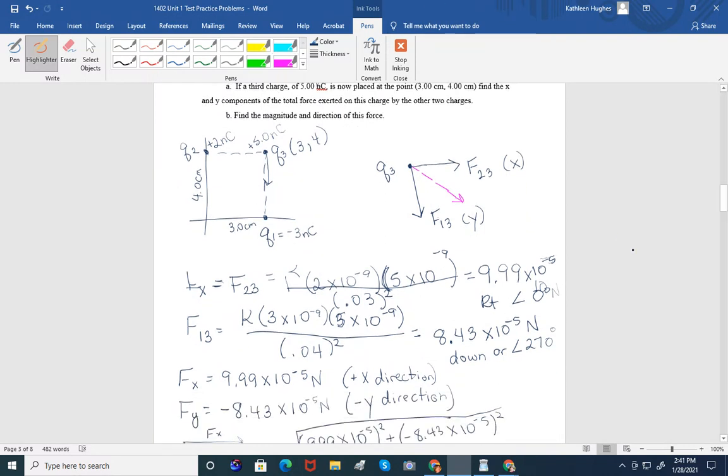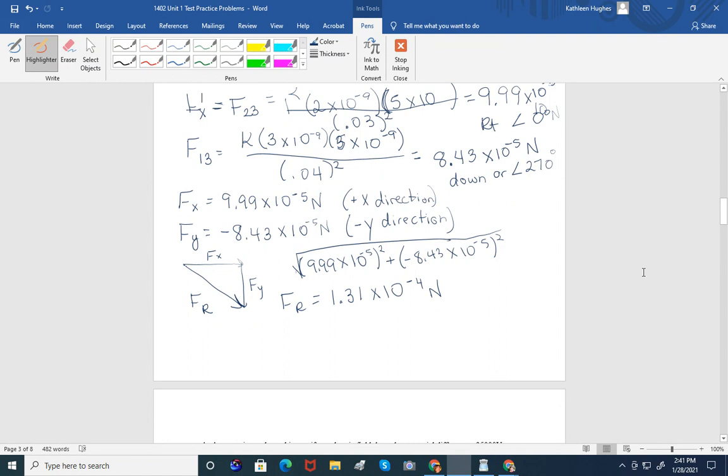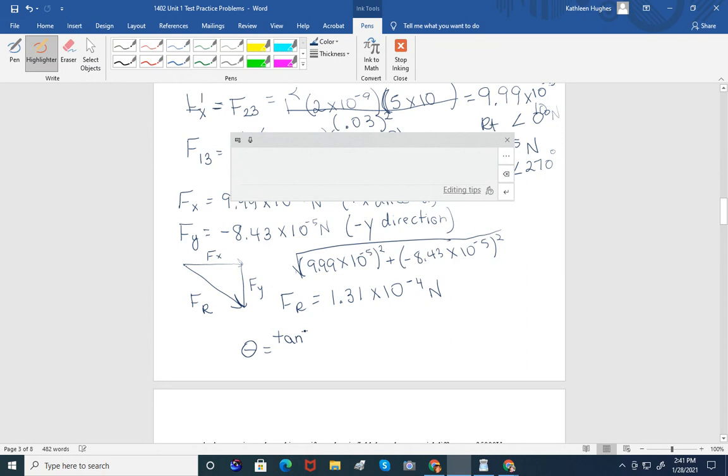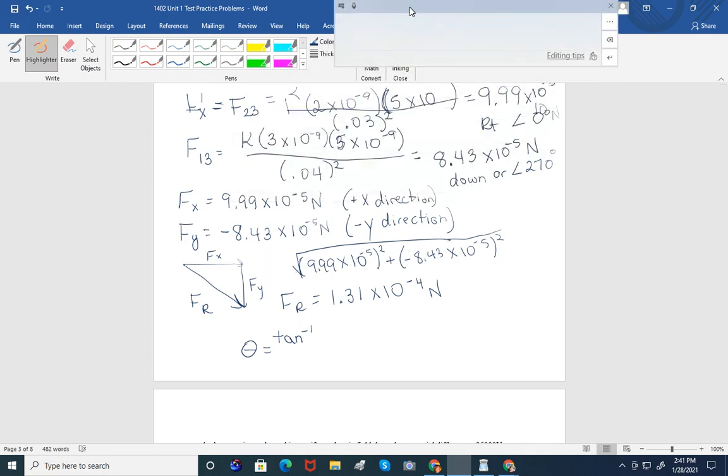Way back, semester 1, practically the very first week of school, we said, to get the angle, we use the fact that theta equals the tangent inverse of the y component over the x component.